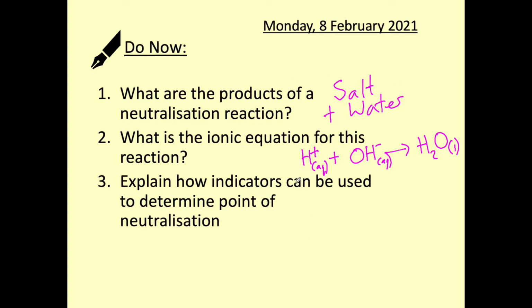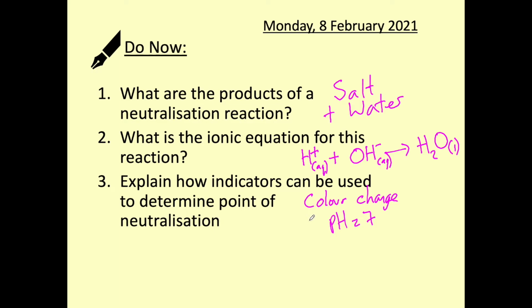Explain how indicators can be used to determine the point of neutralization. So indicators have a colour change depending on the acidity and alkalinity of solutions. And so we can use this colour change to determine the point of neutralization, as it can be used to identify the point at which our pH becomes 7.